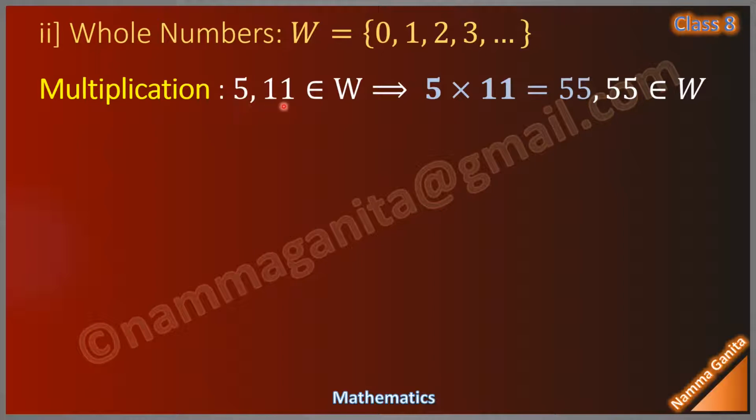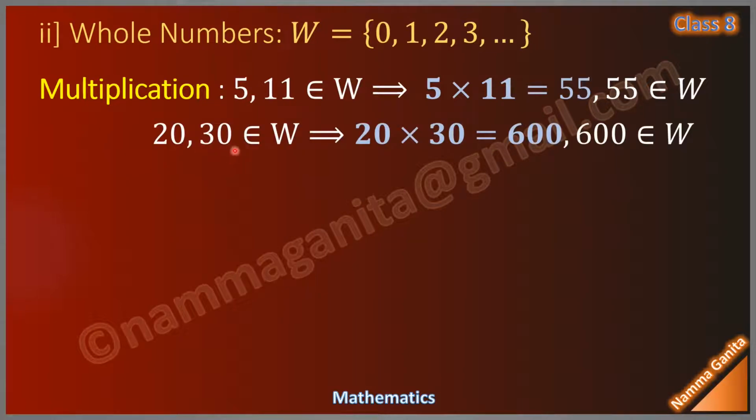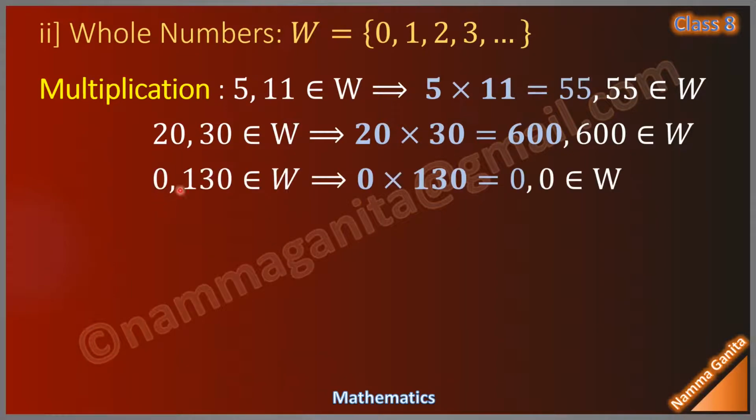If 5 and 11 belong to W, then 5 into 11 is equal to 55. 55 belongs to W. If 20 and 30 belong to W, then 20 into 30 is equal to 600. 600 belongs to W. If 0 and 130, 0 is a whole number, 130 is a whole number, 0 and 130 belong to W, that implies 0 into 130 is equal to 0 and 0 belongs to W.